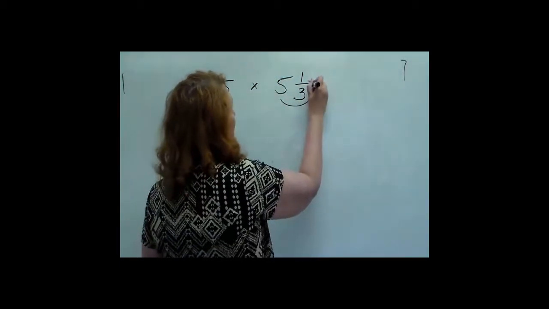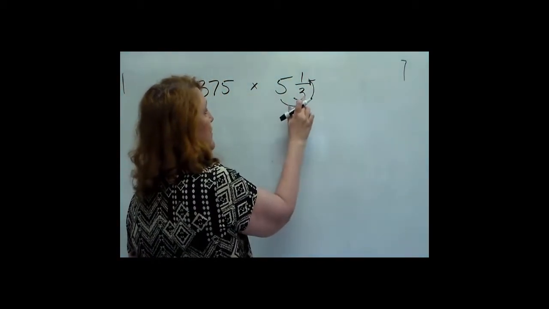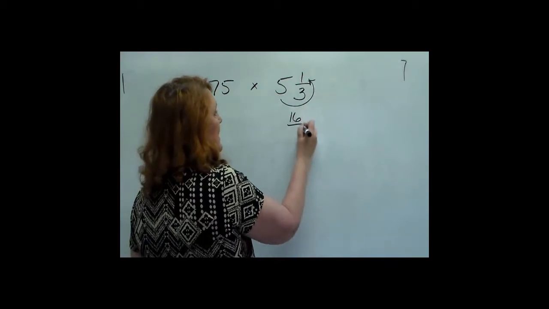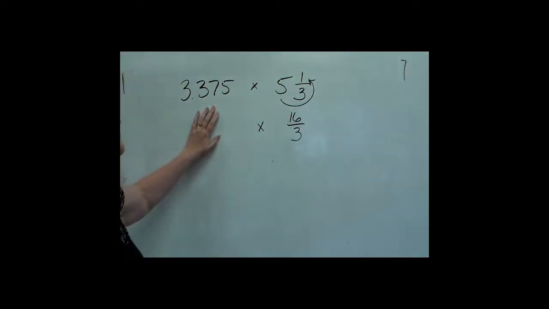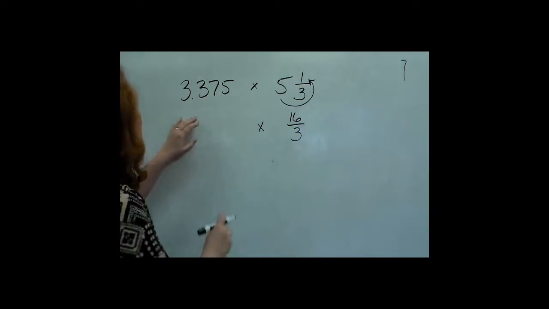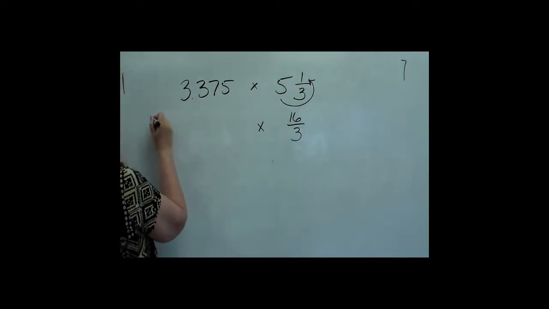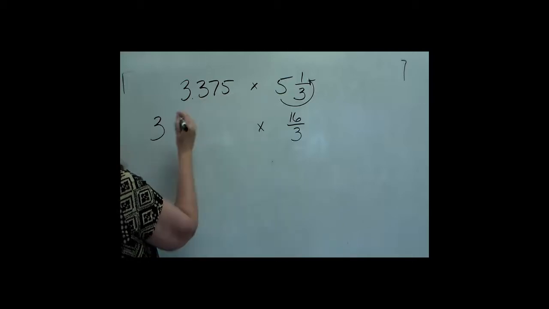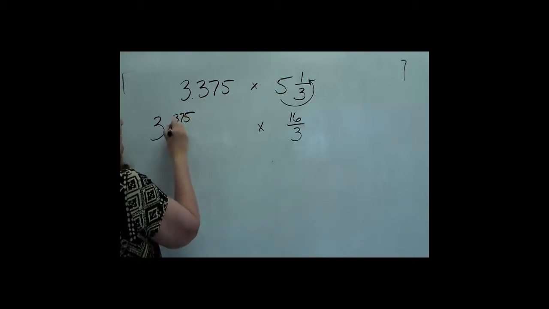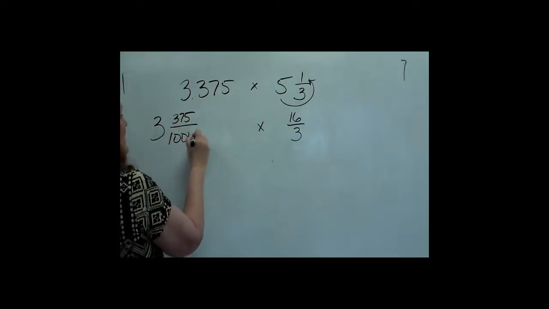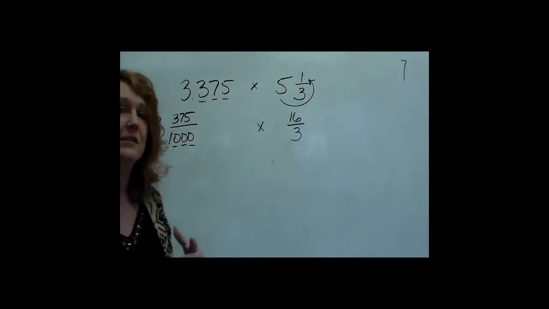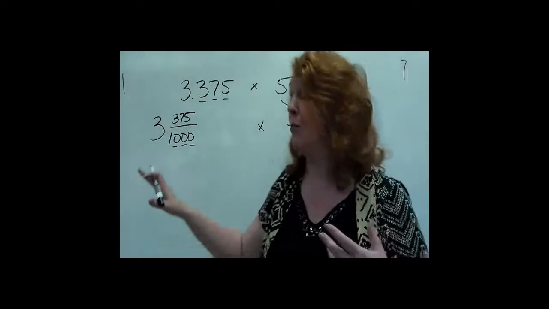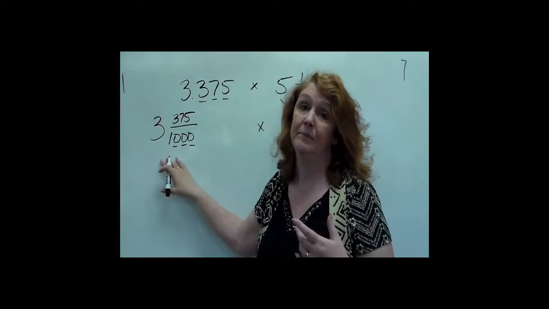So when it's easy enough here, we're going to do the circle thing. 5 times 3 is 15 plus 1 is 16 thirds. But this number, the first number that we come up with, this is our whole number, and this is our fraction, 375 over 1,000. There's 3 spots, there's 3 zeros. So that's over 1,000.